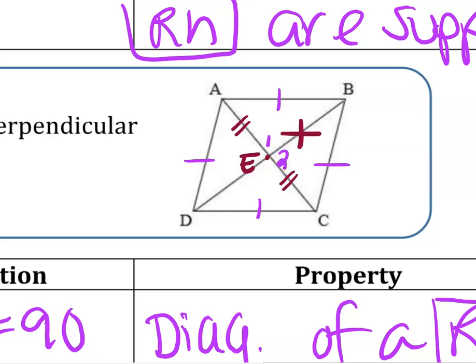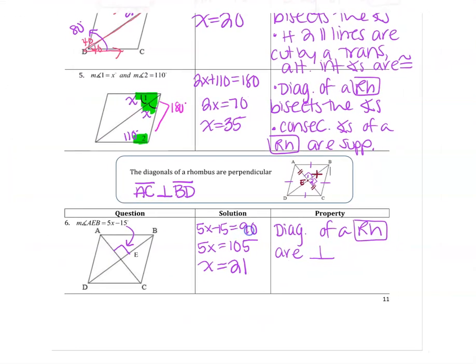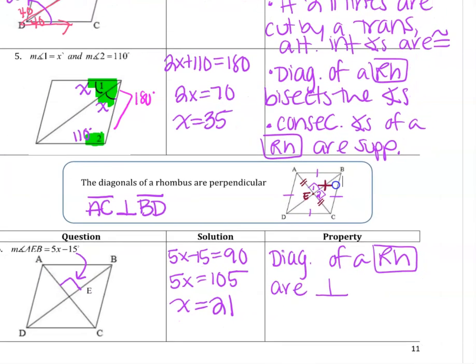If you have two congruent angles on a line, wouldn't they each have to be 90 degrees in order for that to make sense? And that's why the diagonals of a rhombus are perpendicular, because these must be 90 degrees in order for it to make sense.